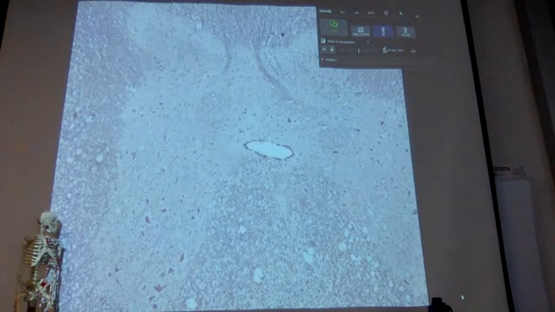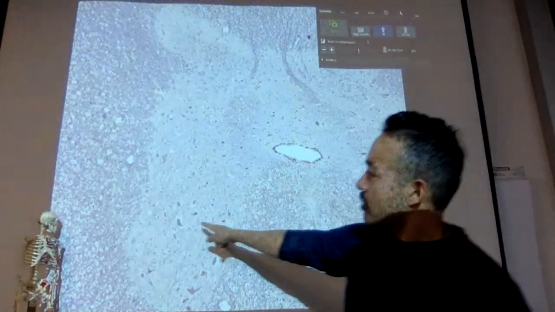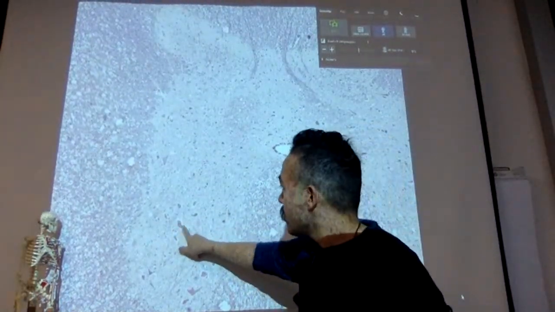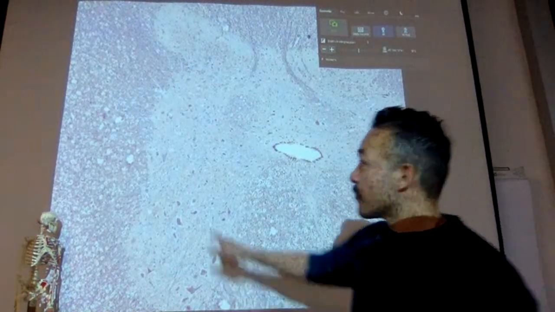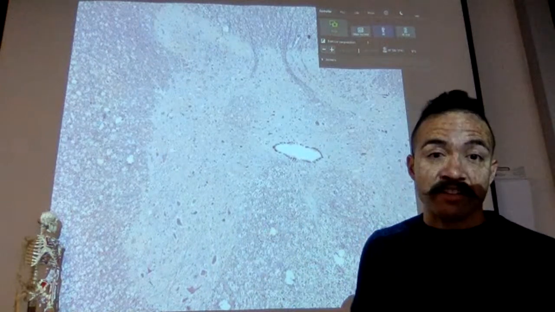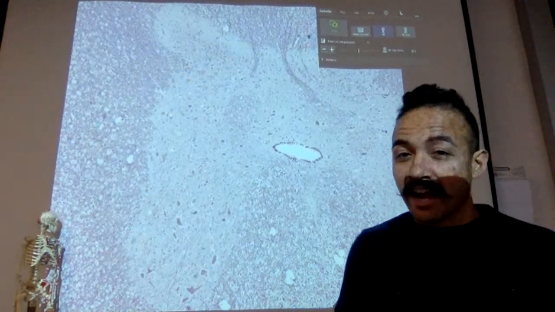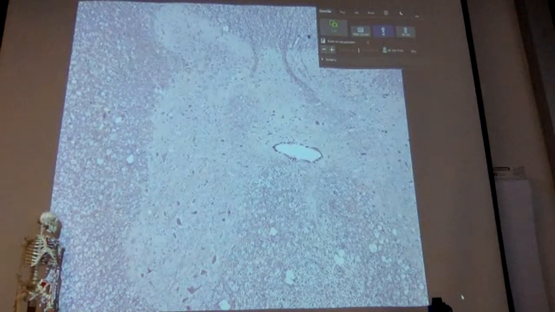You can see the central canal in the middle. All these darker stained ones are neurons. But then you see these lighter, smaller spots, those are glial cells. They are likely astrocytes, but you can't see that kind of detail here.